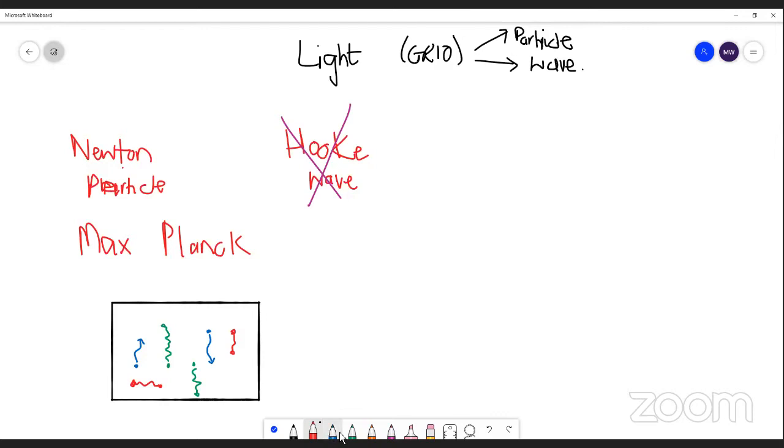Not everybody was convinced. So Albert Einstein stepped into this topic in 1905. He agreed with Planck, but he changed it a little bit and explained that light could be both a wave and a particle.